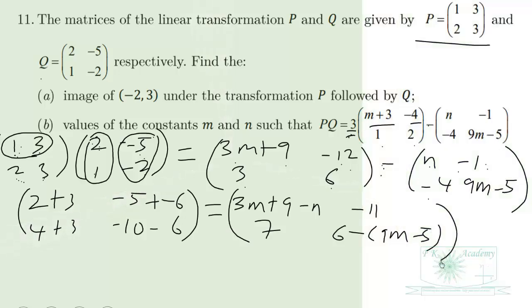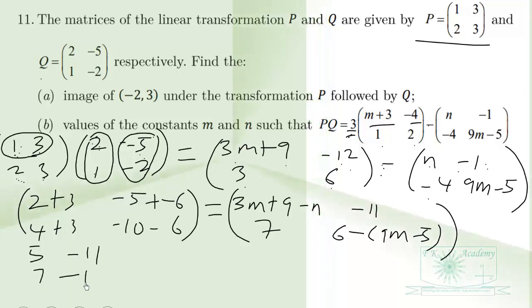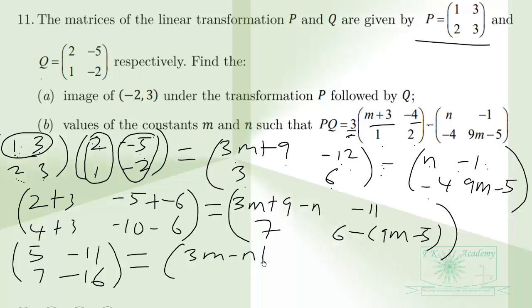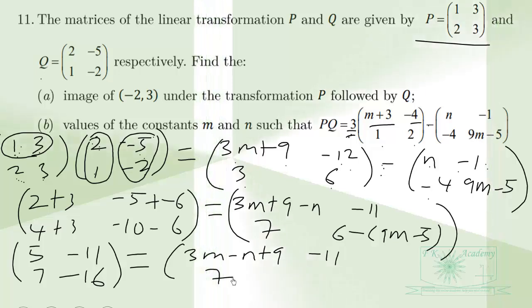So the next thing we do is to simplify. So we have [5, -11; 7, -16] being equal to [3m minus n plus 9, -11; 7, 6 minus 9m plus 5].